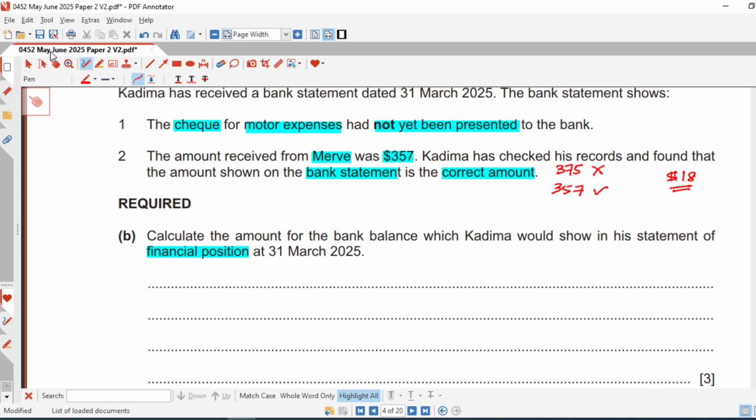Do you put in the bank statement balance or do you put in the cash book balance? Should you follow the bank statement or should you follow your cash book? So, drum roll. The answer should be your cash book, right?